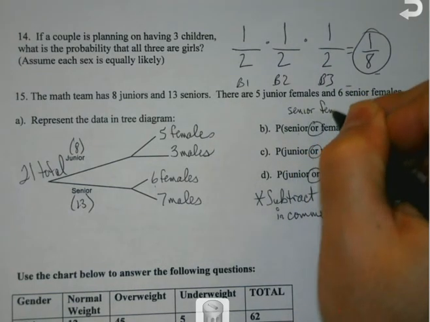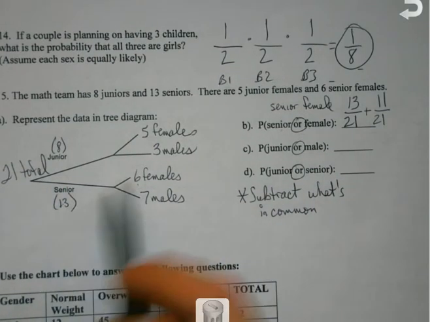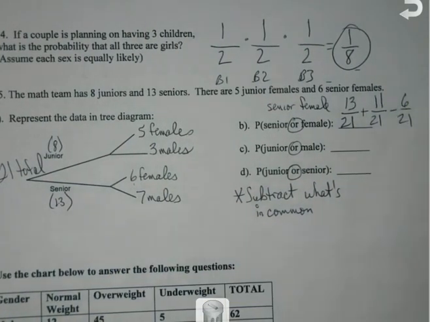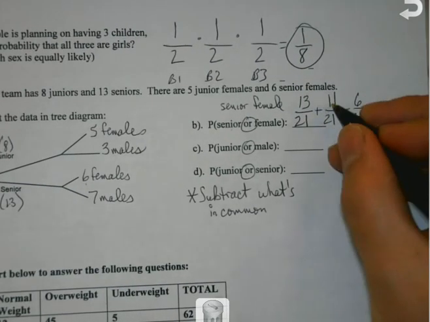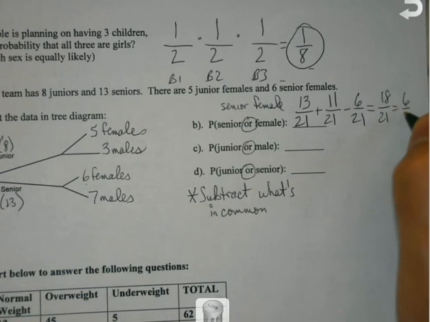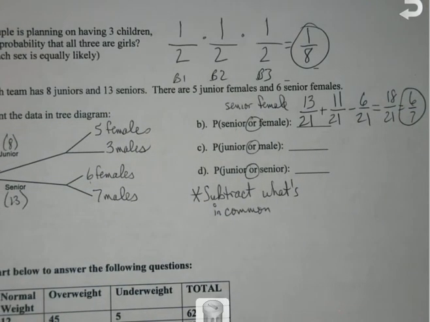A senior female would be a repeat. So senior females, there's 6. I got to take those back out or they get counted twice. So 24 minus 6 is 18. And I'll have a reminder up on this during the quiz. I'll say like, ORs do separately, subtract what's in common.